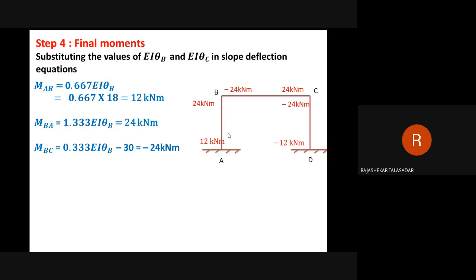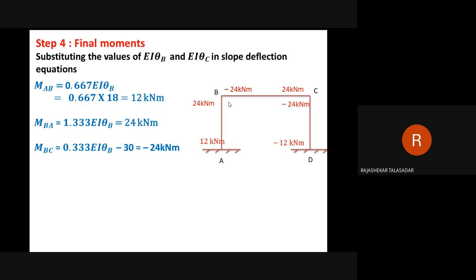Now I write the other three end moments making use of these by changing the sign. MAB is 12 kN. Now MDC is minus of MAB, which means minus 12.